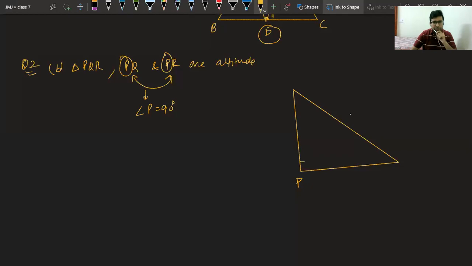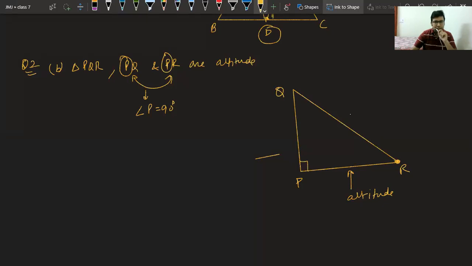If this is P, right angle, this is R, and this is Q, can't we say that PR is an altitude? Class, can't we say PR is an altitude because this is the vertex and this is the opposite side? I have told you that an altitude starts from a vertex and is a perpendicular on the opposite side.